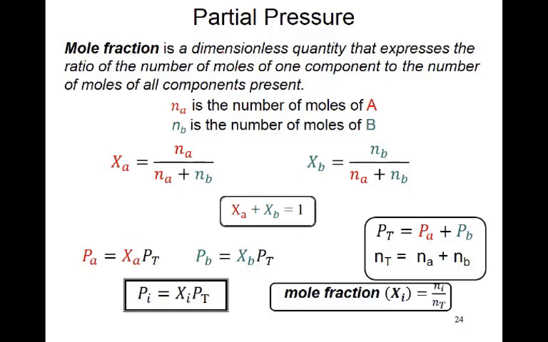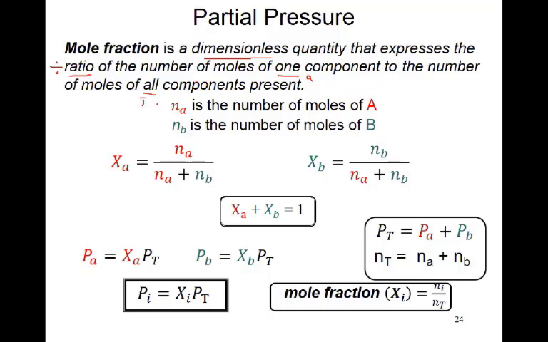Mole fraction is a new term, and it is separately explained. XA is dimensionless, means there is no unit. It is a quantity that expresses the ratio. What is the meaning of ratio? Ratio means divide. So number of moles of one component, here we have the A component, to the number of moles of all, the total.